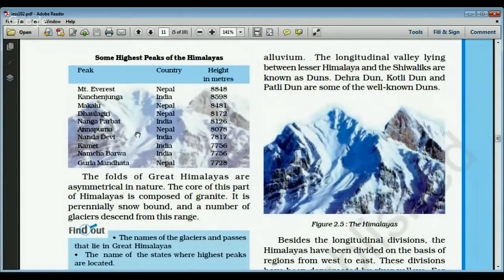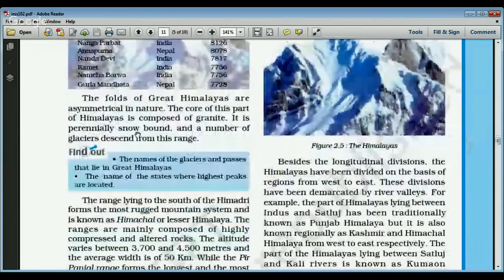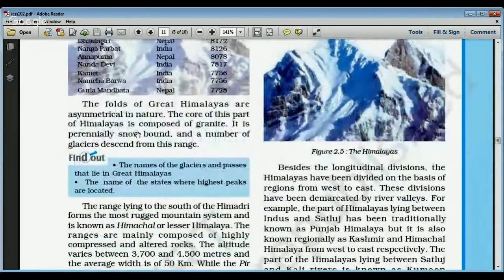And if you see, the folds of the Greater Himalaya are asymmetrical in nature. Means if you cut the Great Himalaya in the middle, then you will not get equal parts on both sides, and that is why they are known as asymmetric in nature.